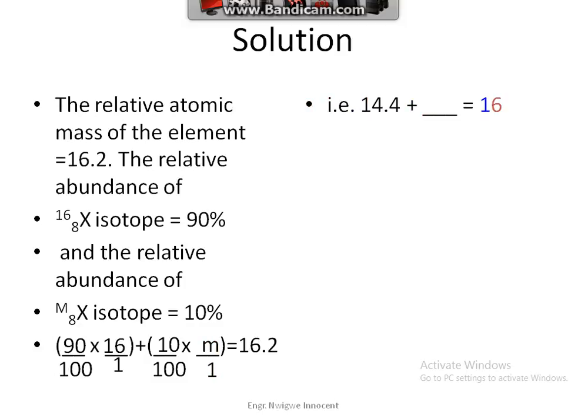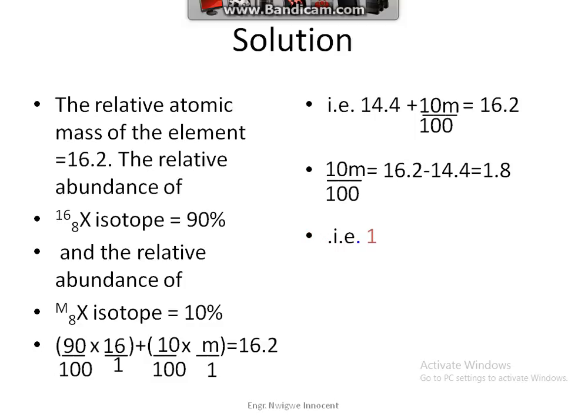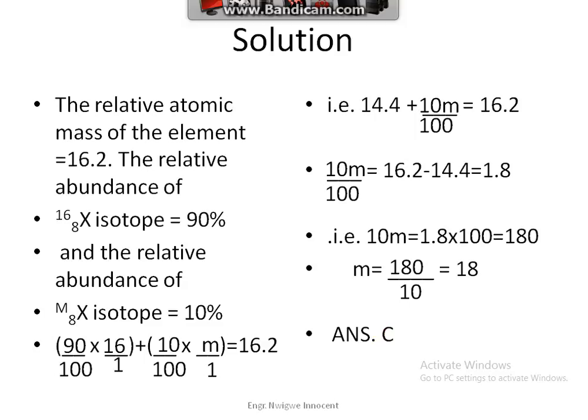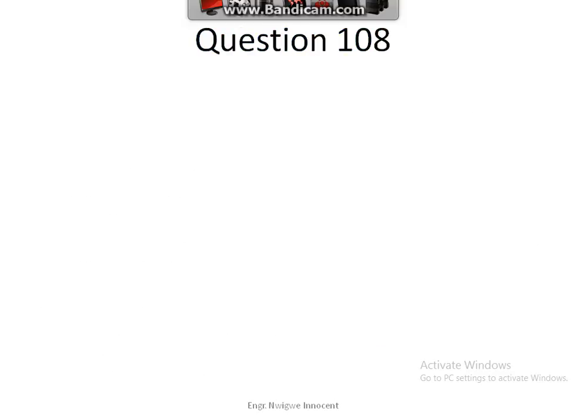That is, 14.4 plus 10M over 100 is equal to 16.2. 10M over 100 is equal to 16.2 minus 14.4, which is equal to 1.8. That is, 10M is equal to 1.8 times 100, which gives us 180. M is equal to 180 over 10, which is equal to 18. Therefore, answer is C.